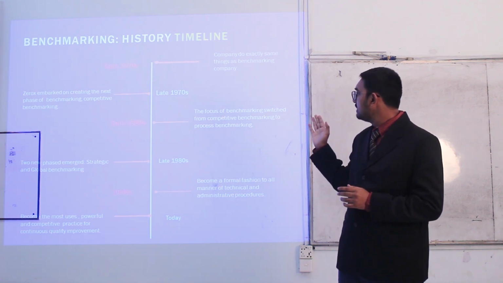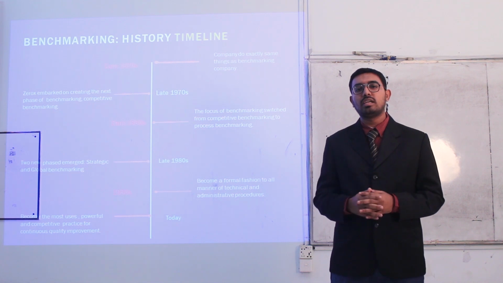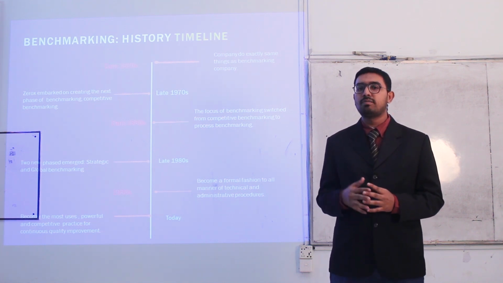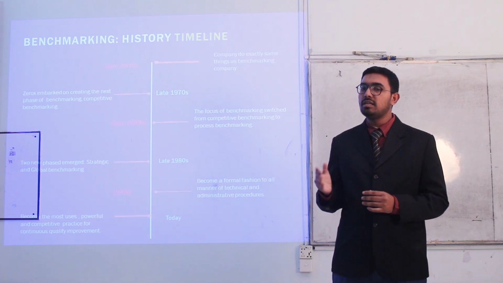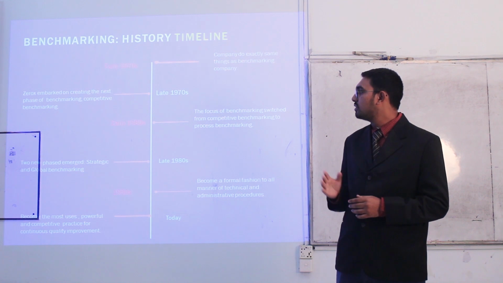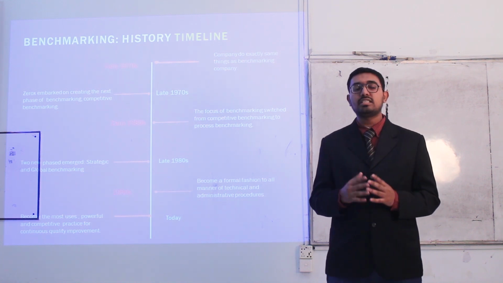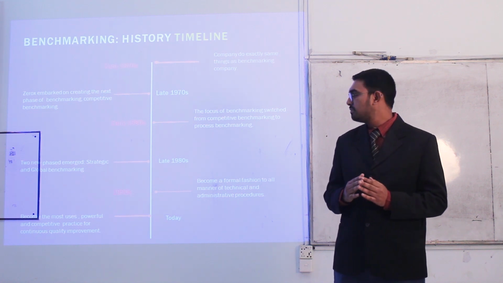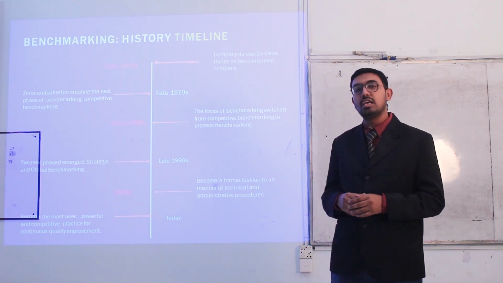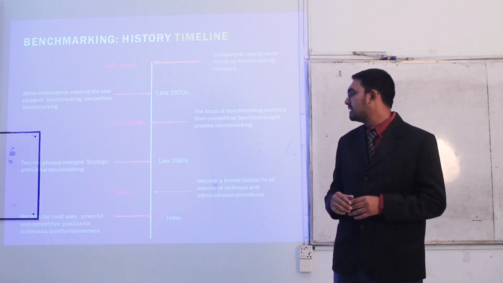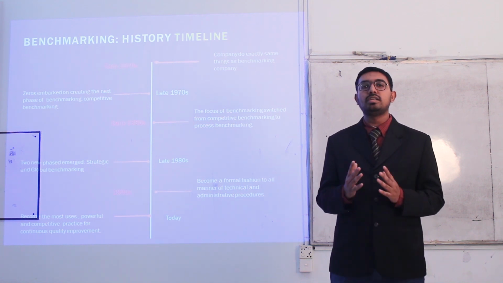In the early 1980s, the focus of benchmarking switched from competitive benchmarking to process benchmarking. And in the late 1980s, two new phases emerged. These are strategic and global benchmarking. And today, benchmarking has become the most used, powerful and competitive practice for continuous quality improvement.